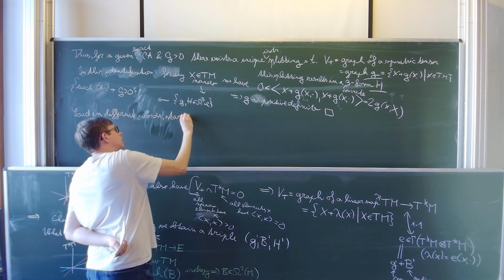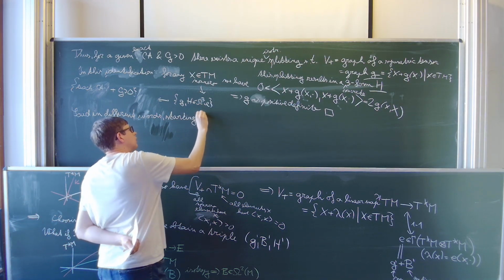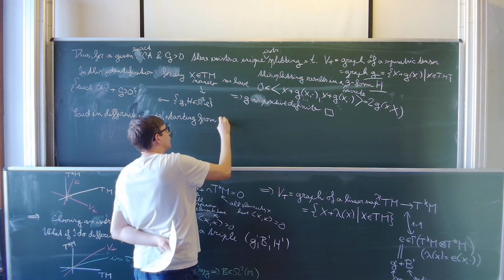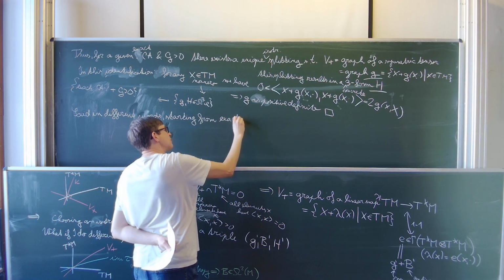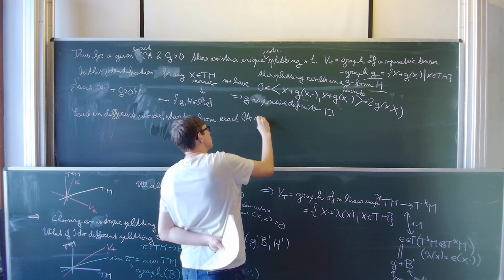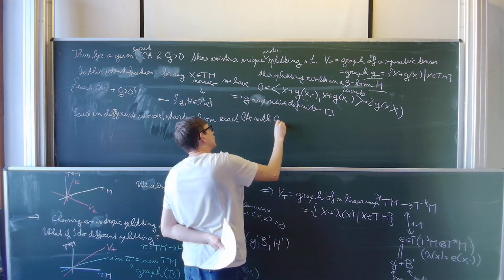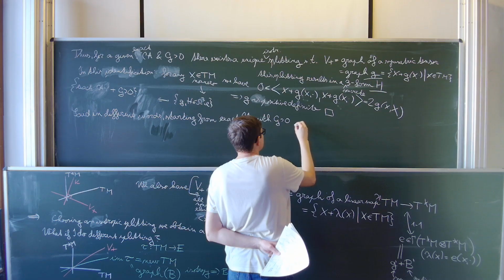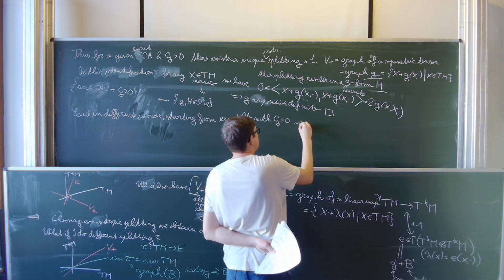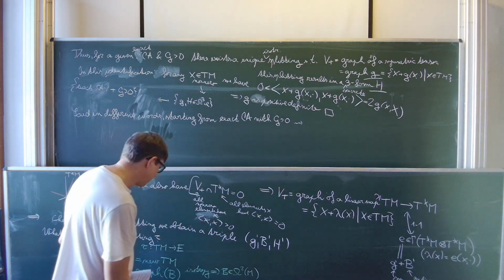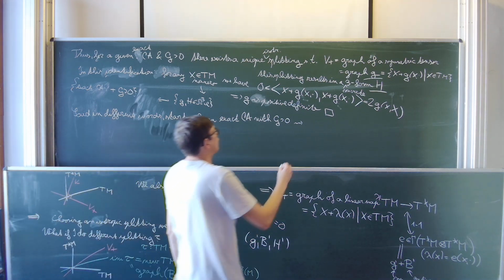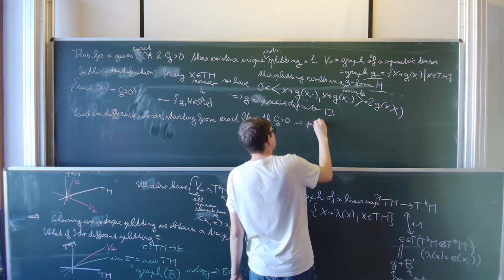So, starting from an exact Courant algebroid with a generalized metric G, very careful, what we can do is an alternative way to look at this: pick a splitting.